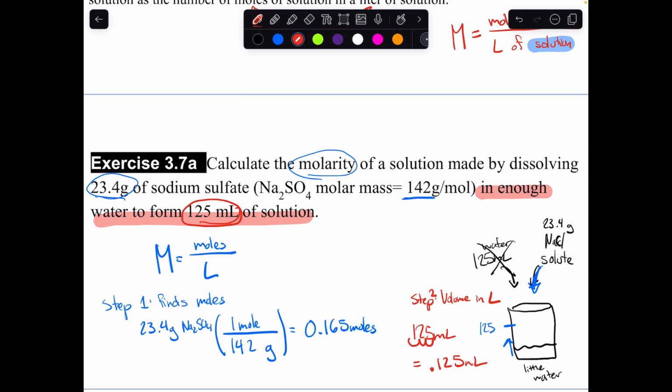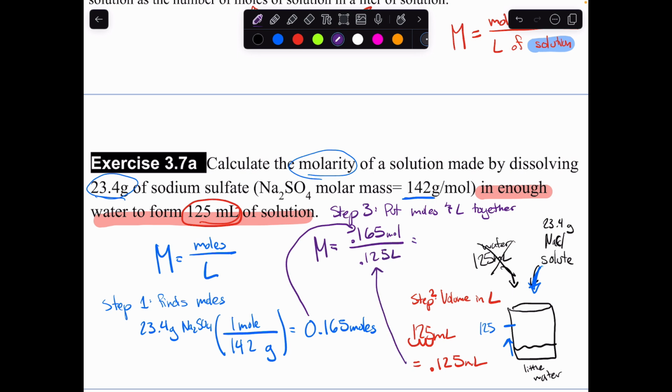Step 3 is to put the moles and liters together for molarity. Molarity equals our moles from here over our volume that we have there.